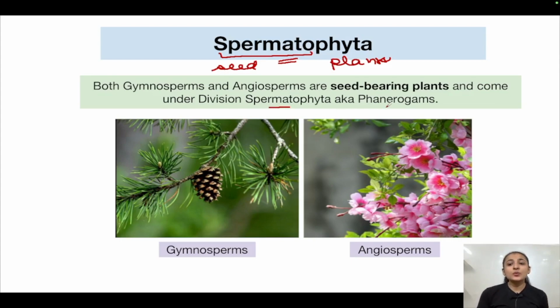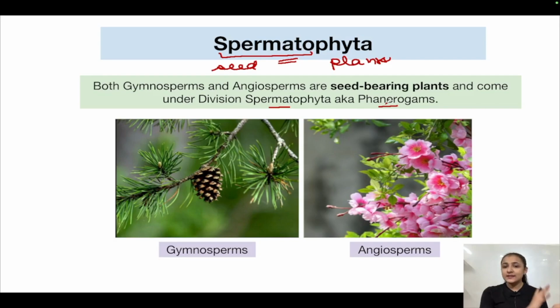Spermatophyta is also known as phanerogams. This group can be called either Spermatophyta or phanerogams. Phanerogams are in contrast to the cryptogams, which included bryophytes, thallophytes (which included algae), and pteridophytes.